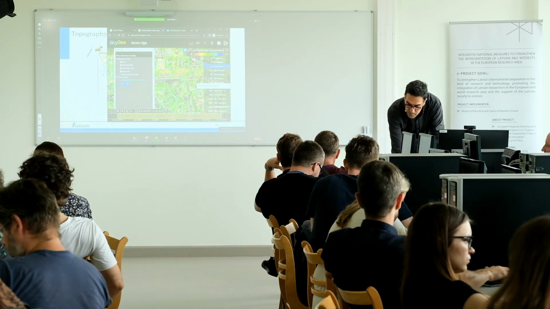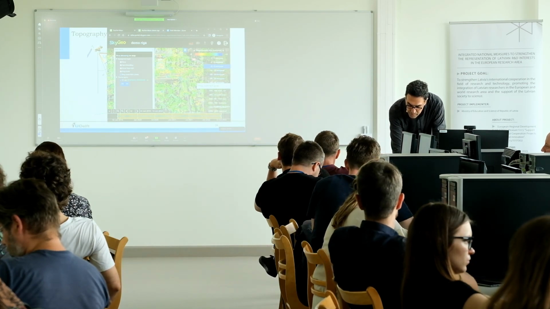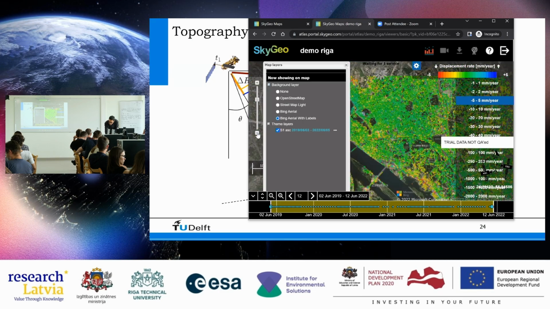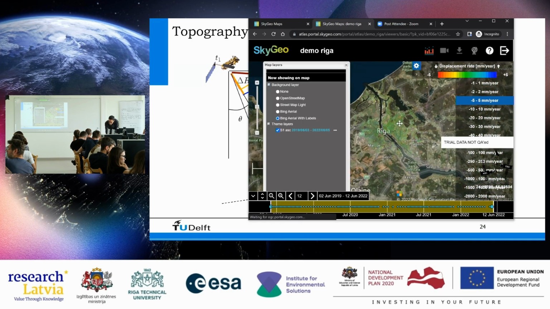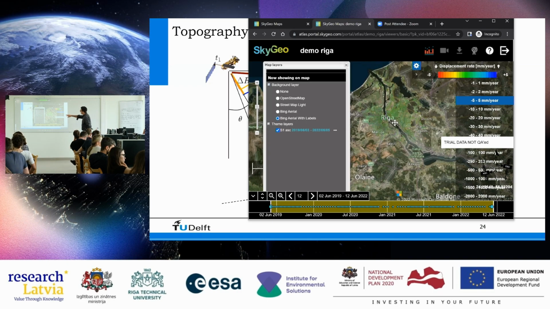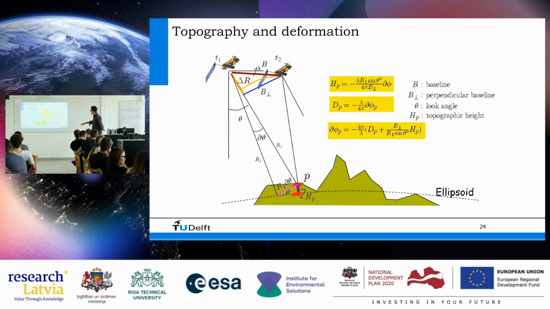This is what we did. We used the topography, in this case from the SRTM mission, the Shuttle Radar Topography Mission, and we used that to compute the elevation for each point in this data set. That way we can simply ignore that because we remove the topography and we only get displacement left.